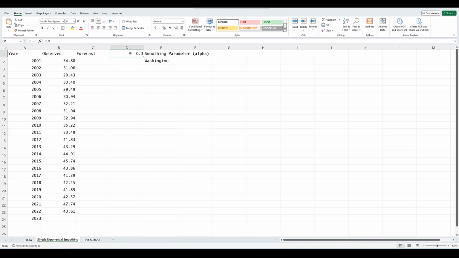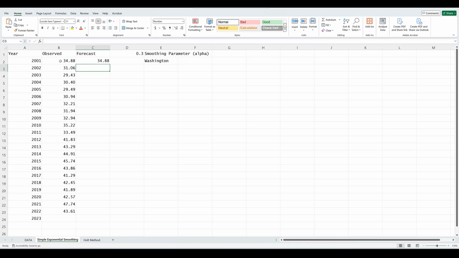Note that this is nominal data about the hunt and fish license tax revenue for the state of Washington. So the initial forecast is simply going to be the first observed data point. So in cell C2, we're simply writing equal to B2. And so we have the forecast for 2001, which is basically how we are initializing the model.